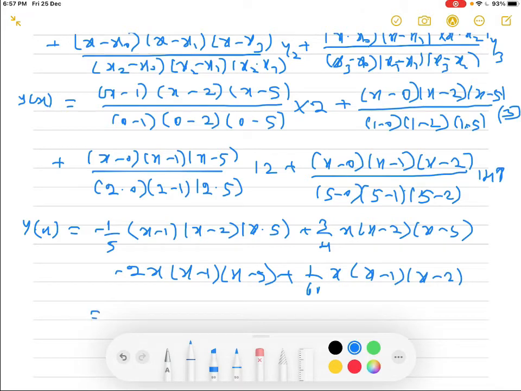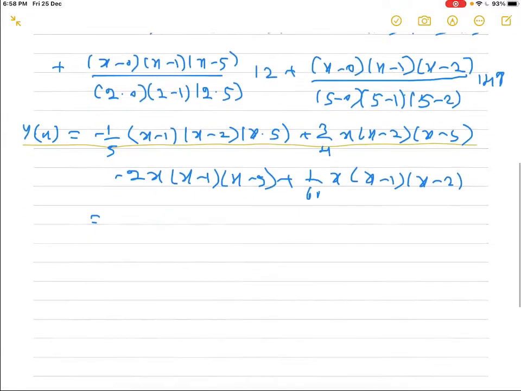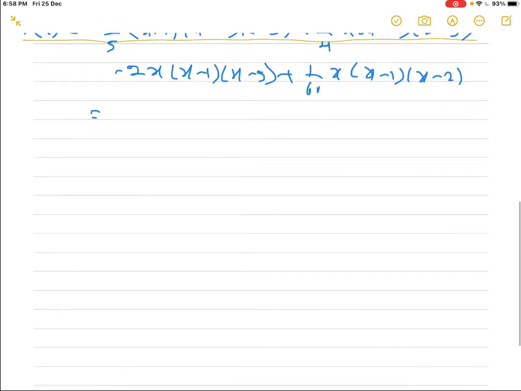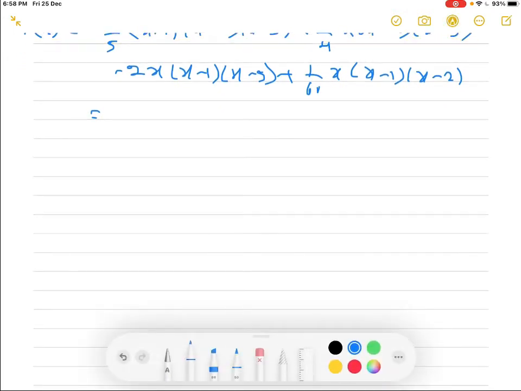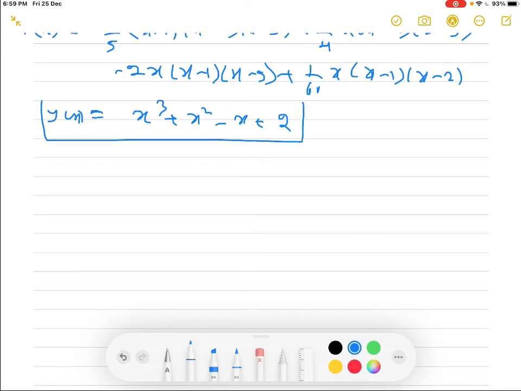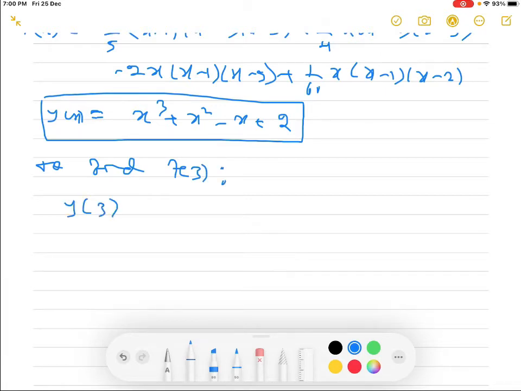The last term is 1 by 60 into x into x minus 1 into x minus 2. So this implies y of x is equal to x cube plus x square minus x plus 2. So this is the interpolating polynomial by using Lagrange's interpolation formula.